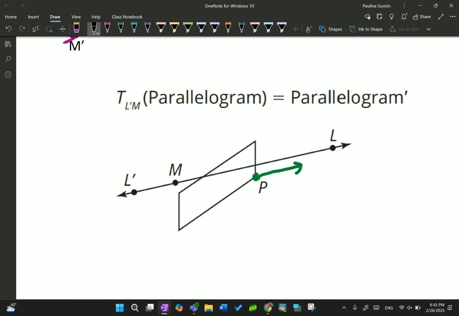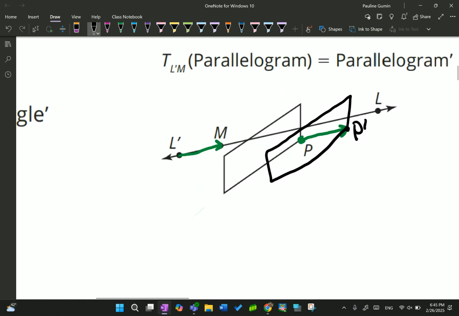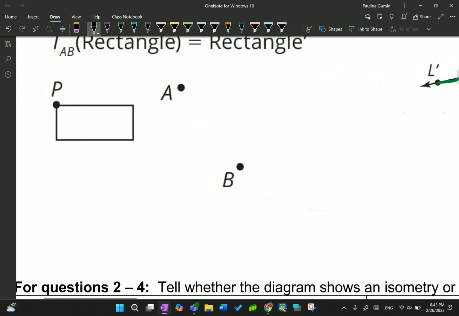And at the end of that arrow, I'm going to write point P prime. I'm going to redraw this arrow. This is going to be rough, but I'm going to do my best at drawing that same parallelogram. We're going to pretend that's the same.